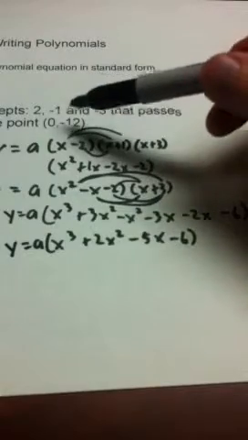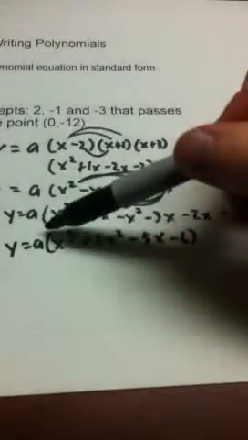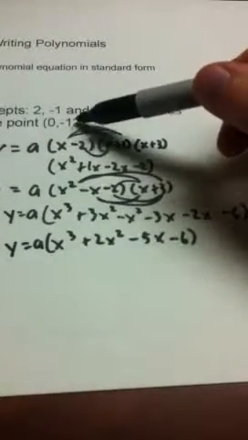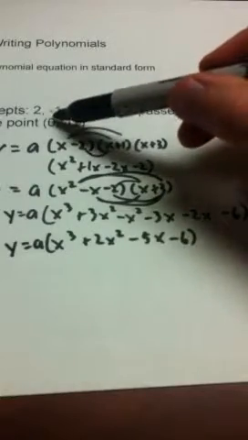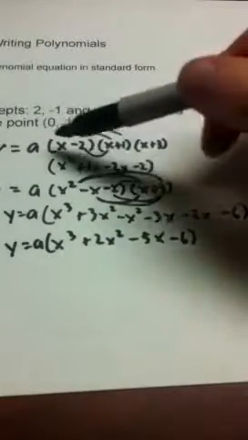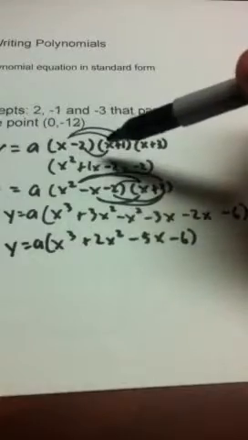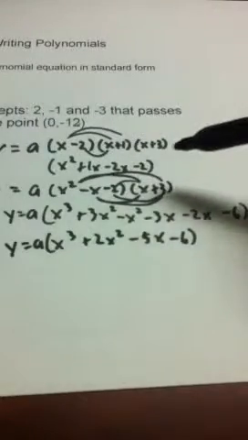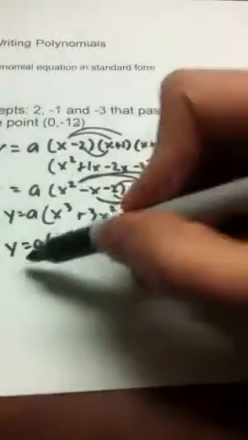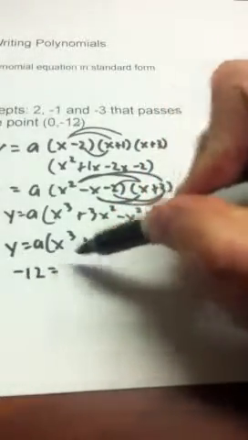Alright, so last thing I'm going to do is now plug in this point to find a. So negative 12 goes in for y and 0 for x. I could definitely do that up here with sort of the original problem to find a. Kind of depends on what you want to do with it. So I'm going to put negative 12 in for y.